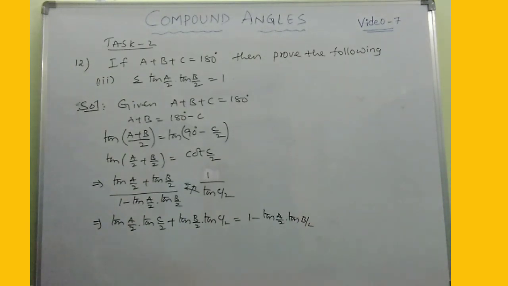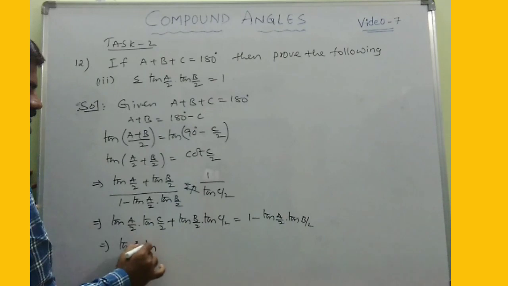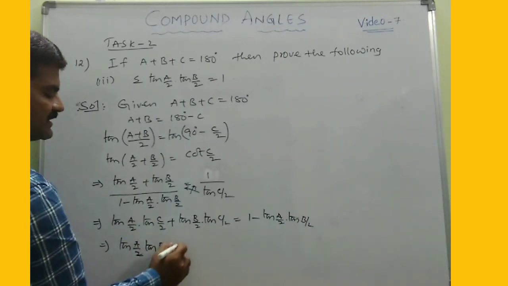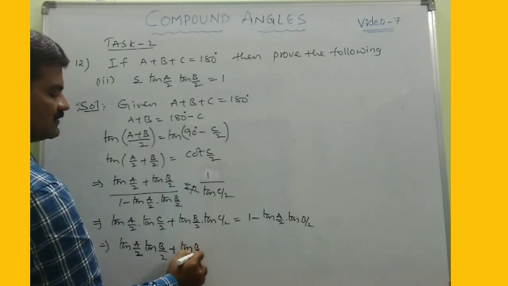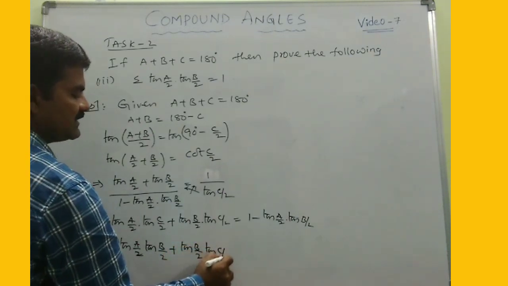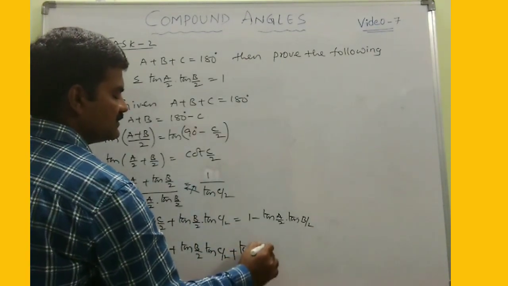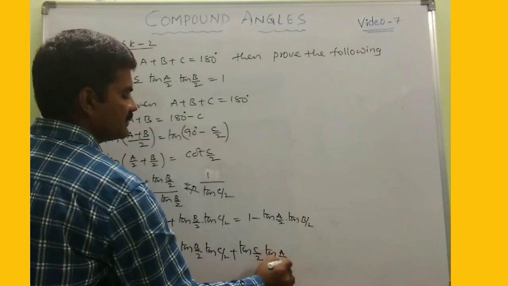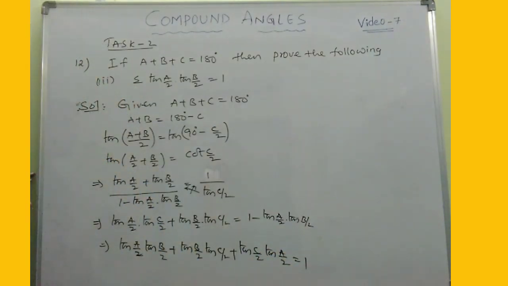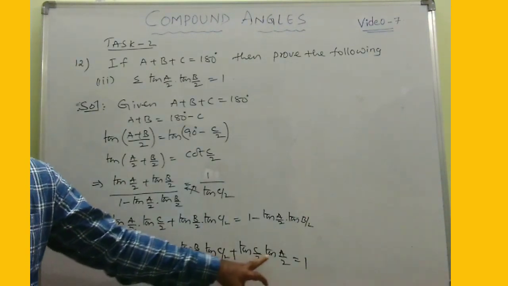So this minus term, if you bring it to this side, becomes plus. So tan A by 2 into tan B by 2 plus tan B by 2 into tan C by 2 plus tan C by 2 into tan A by 2 is equal to 1. See, this is a cyclic order: AB plus BC plus CA.